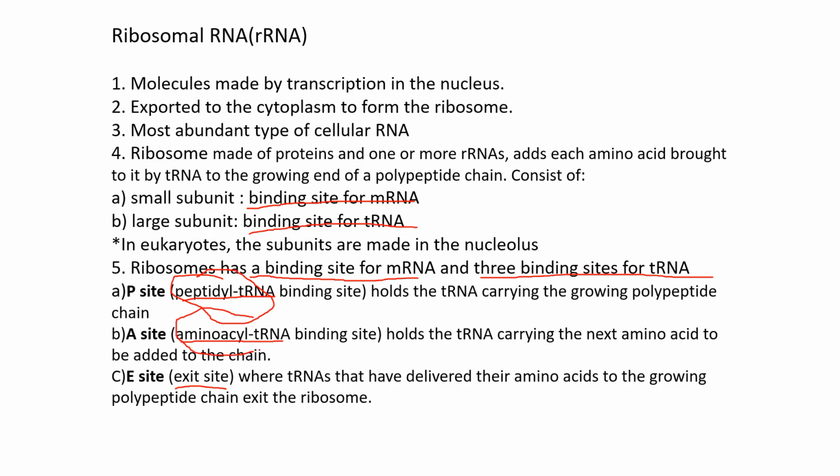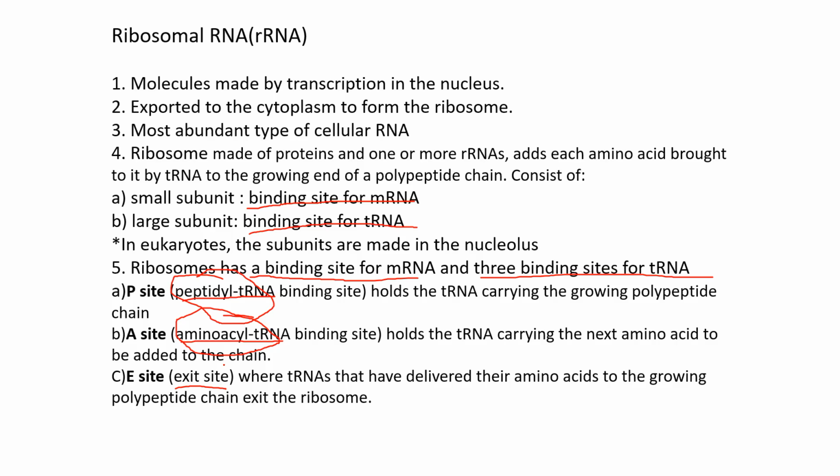It's quite fancy. Now, the P site will hold the tRNA carrying the growing polypeptide chain. And then the A site holds the tRNA carrying the next amino acid to be added to the chain. The E site is where tRNAs that have delivered their amino acids to the growing polypeptide chain exit the ribosome.